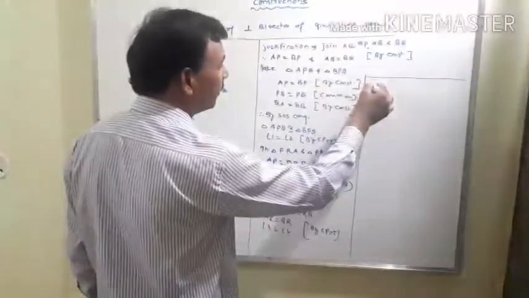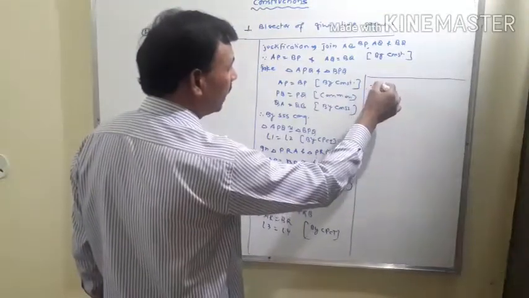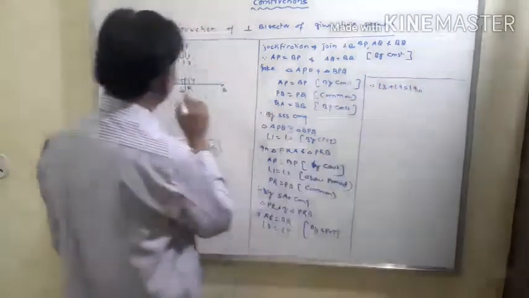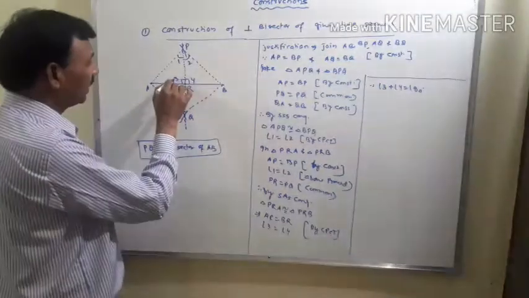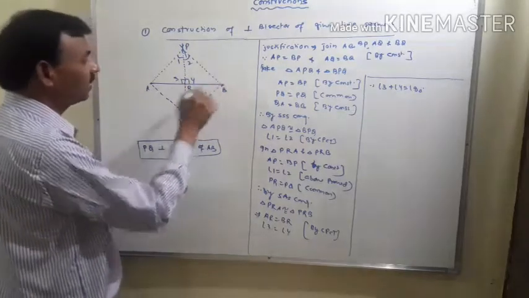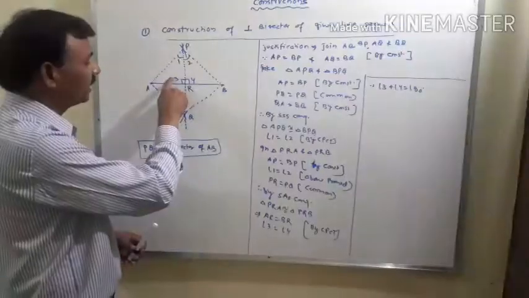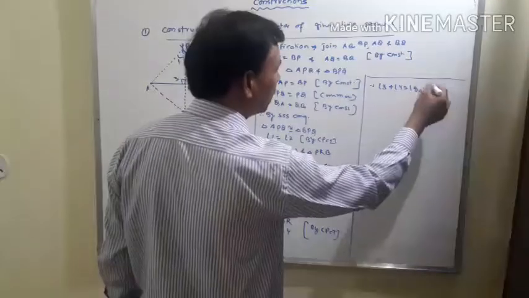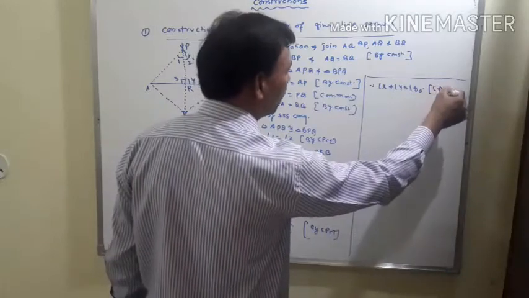Now write here, since angle 3 plus angle 4 equals 180 degrees. You can see here, if we add angle 3 and angle 4, then it makes the line ARB, which is a straight line. So the sum of angle 3 and angle 4 will be 180, and this is known as a linear pair of angles.